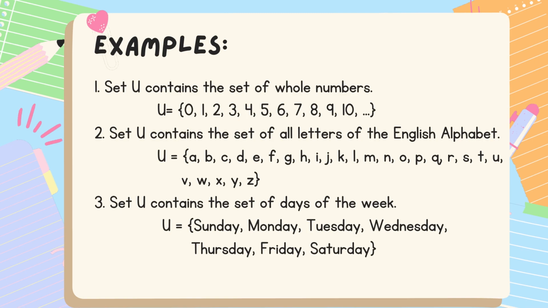For number 3, the universal set U contains the set of days of the week. So the elements of which are Sunday, Monday, Tuesday, Wednesday, Thursday, Friday, and Saturday. As we can see, each universal set contains the complete elements of the rule or characteristic under consideration.